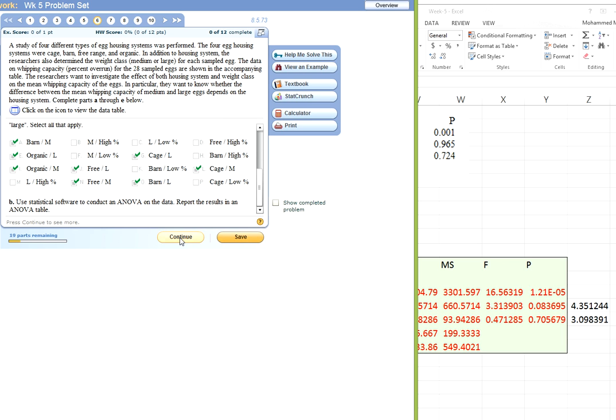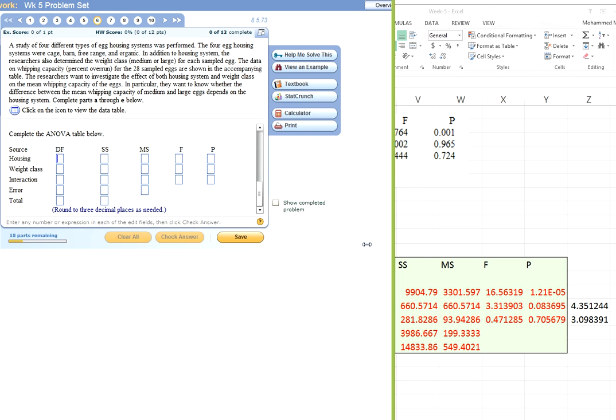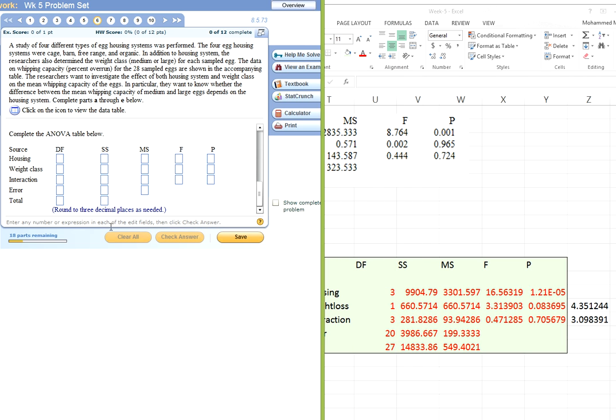So now continue. Now they're asking for the ANOVA. I already have the analysis of variance. The degrees of freedom are 3, and then 1, and then 3, and then 20, and then 27.